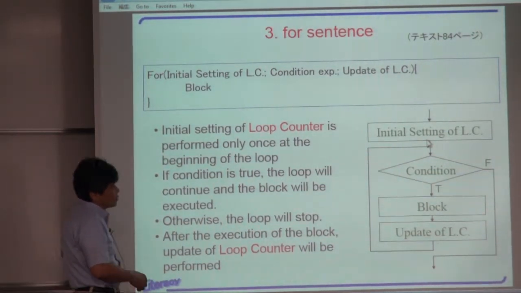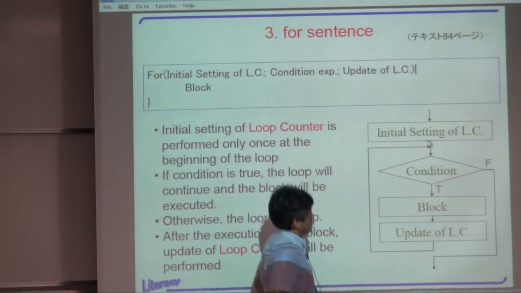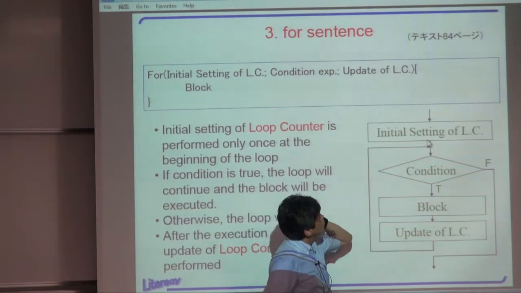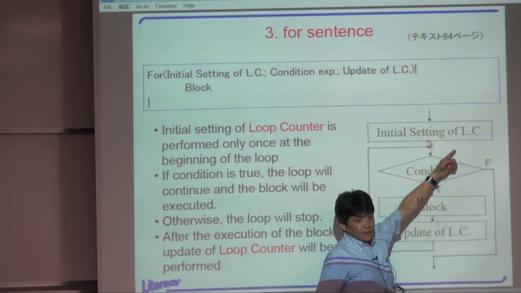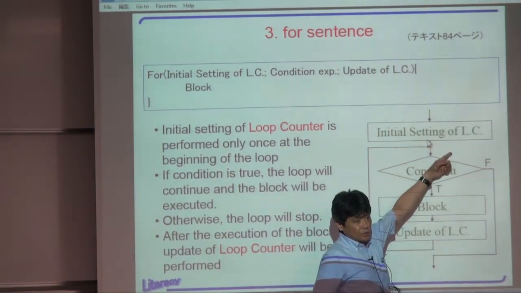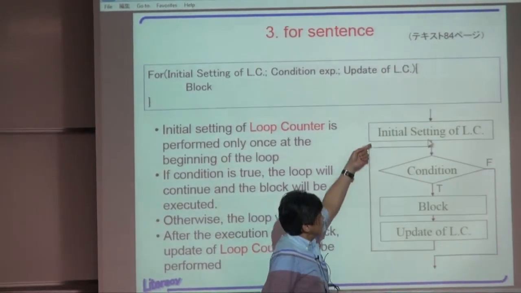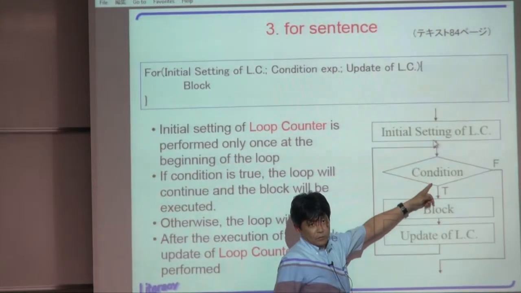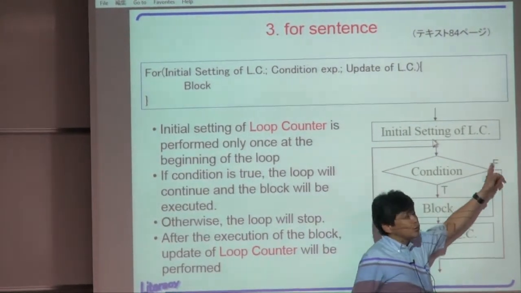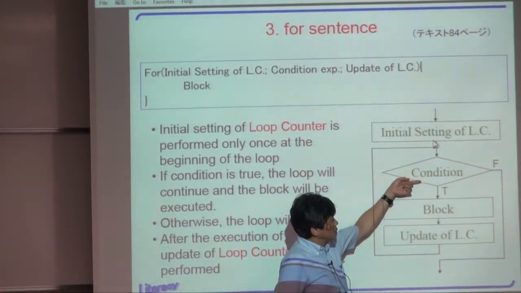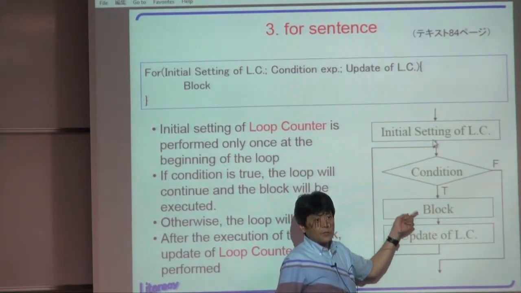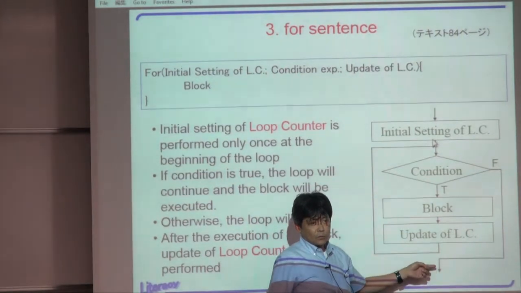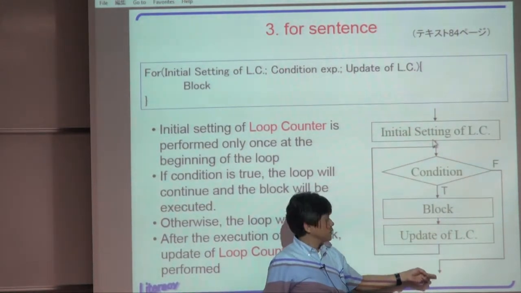So the actual execution flow is as shown here. First, the initial setting of the loop counter is executed. And next, the condition is evaluated. If the result is true, the block will be executed. Otherwise, exit from the loop. Okay?